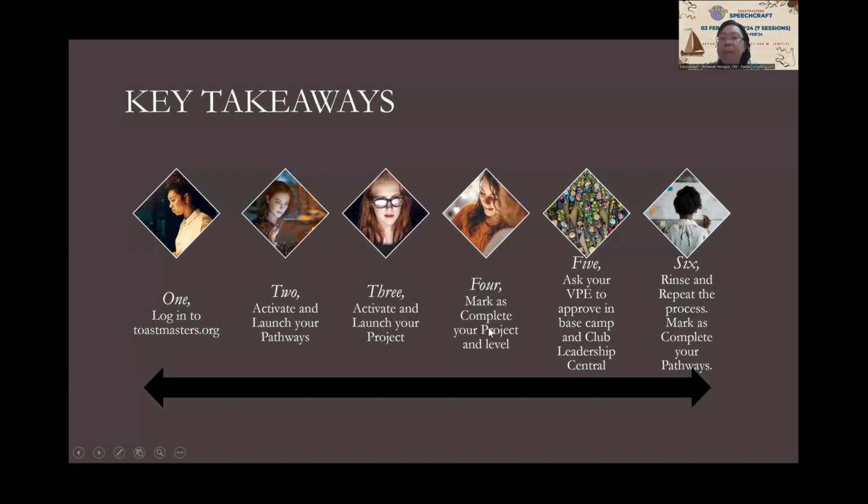Fourth is mark your project and level as complete; if you complete a level, it will have a check mark. Fifth, ask your VPE to approve in Basecamp and Club Central, Leadership Central, so that you can get your education badge. And sixth is rinse and repeat the process, and mark your pathway as complete. You do that for all of your projects and all of your levels.